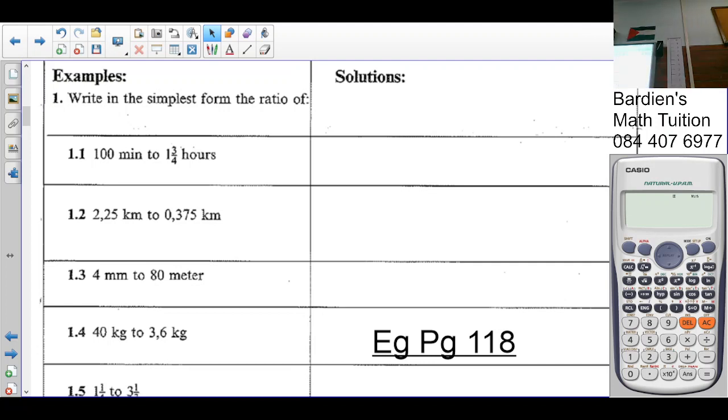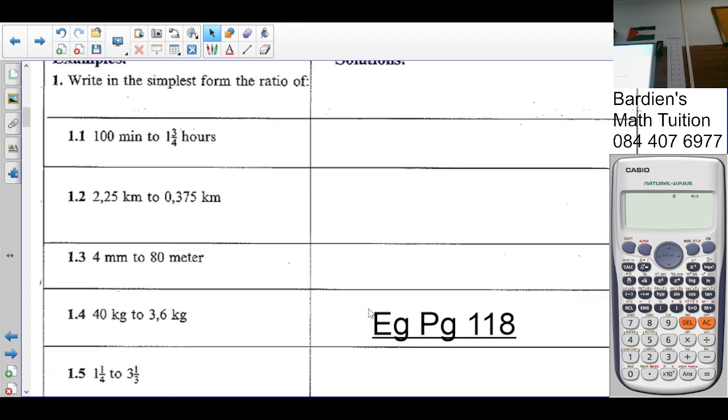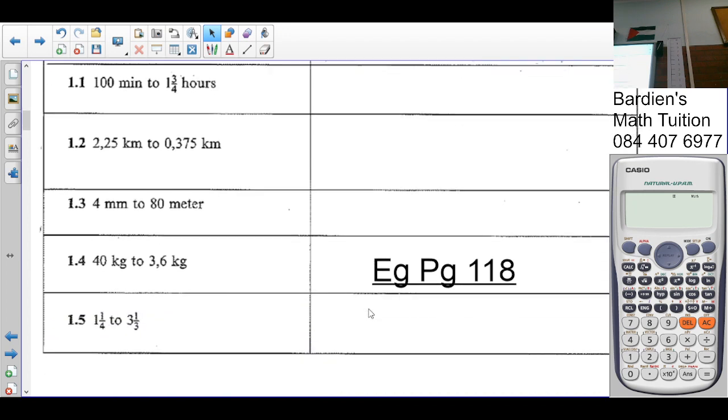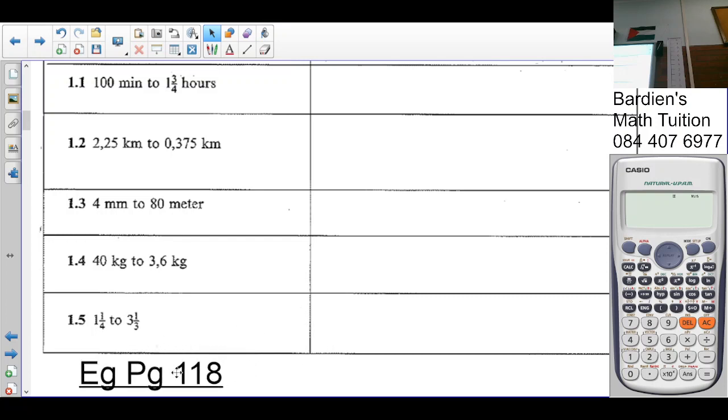Alright, so at this point you have written all the sums down. So the example: here we are told 100 minutes to 1 3/4 of an hour.